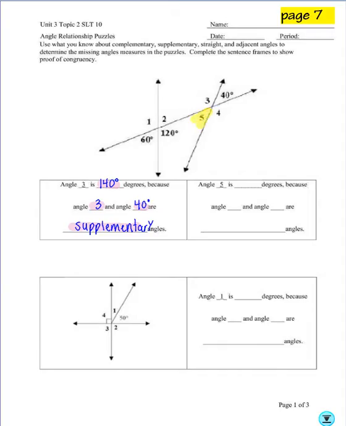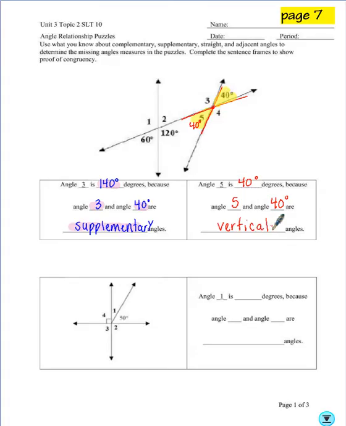And I notice that if you were to take this line and this line, they cross, they intersect, and we learned yesterday that when lines intersect, the two angles that are across from each other have a special relationship. They're vertical angles, and they're congruent. So that means this angle 5 is also 40 degrees. So angle 5 is 40 degrees. That's because angle 5 and the 40 degree angle are vertical.